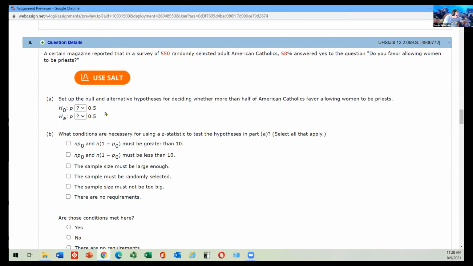Now, do you see a half ends up being this guy? Now, here's a little tip for you. The null hypothesis is always going to be P equals a number, right? It's never going to be greater than or less than, even if the story looks like you're looking for that, it's always equal to. And is there enough evidence that it's greater than 0.5?